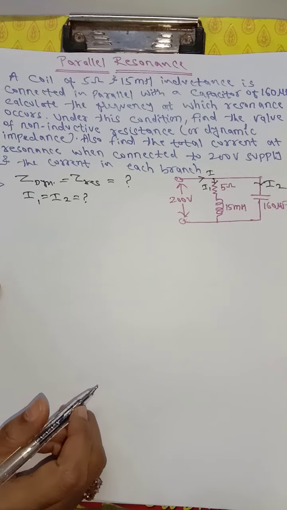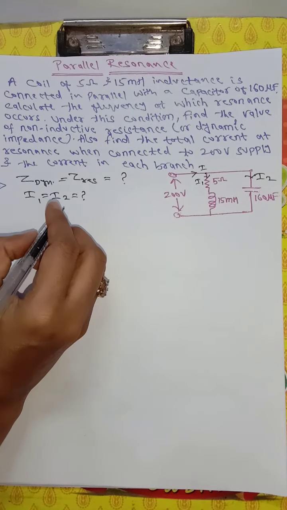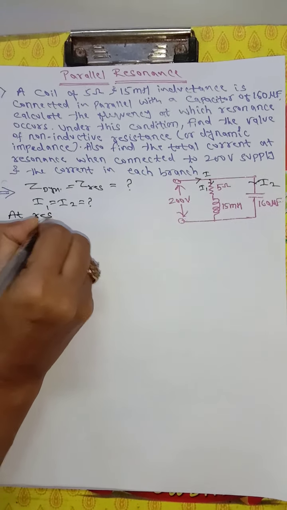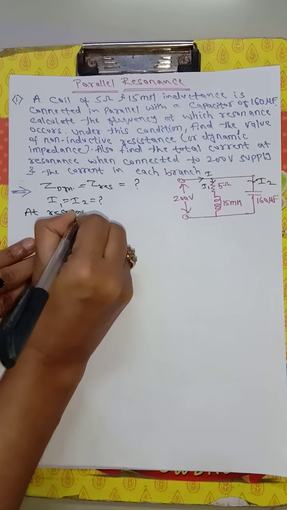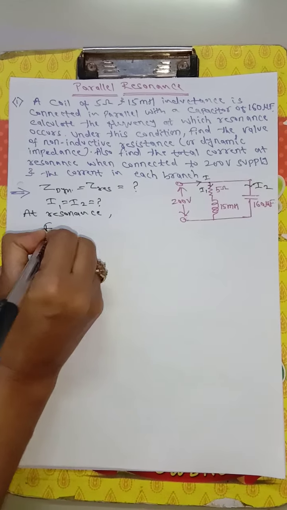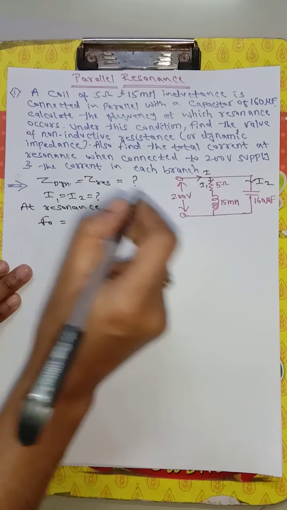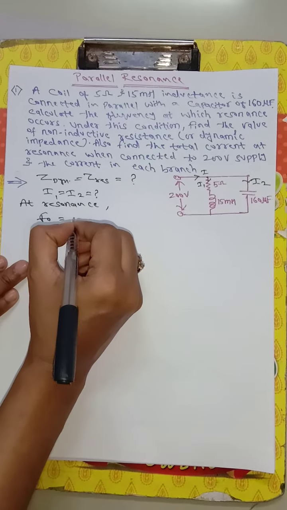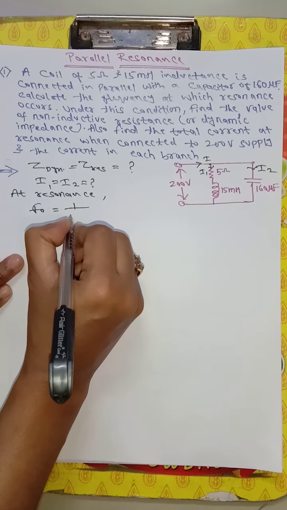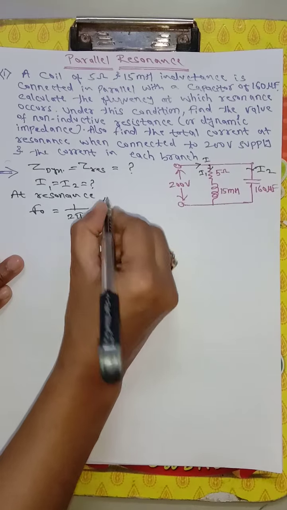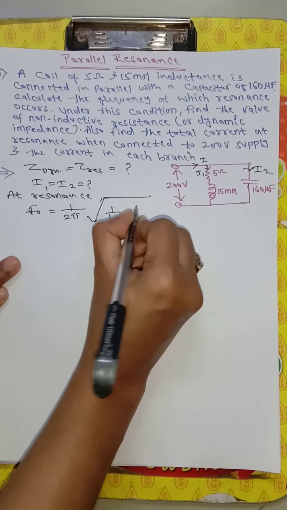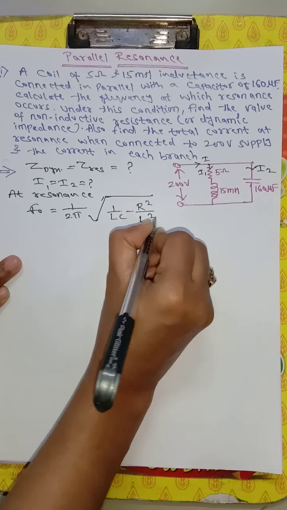We can start with the help of the resonance circuitry. At the beginning you need to note down at resonance, you need to calculate the frequency F0. For the practical case of resonance, the resonance frequency can be calculated as 1 by 2 pi root of 1 by LC minus R square divided by L square.